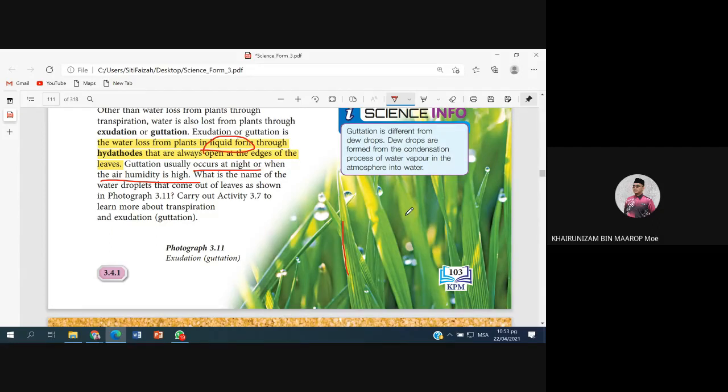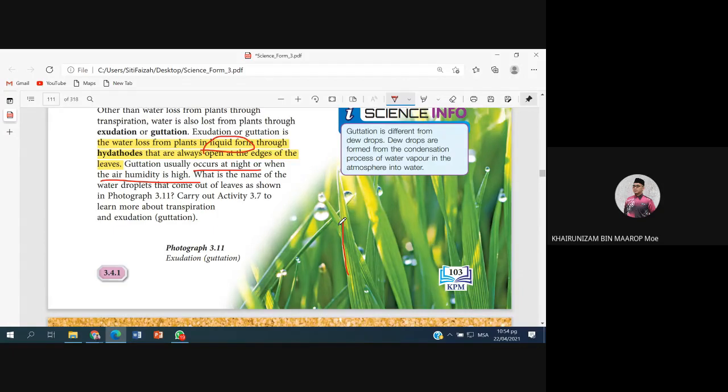Okay, dewdrops are formed from the condensation process of water vapor in the atmosphere into water. Okay, so dewdrops always occur at night. But guttation occurs at night, sometimes when air humidity is high.